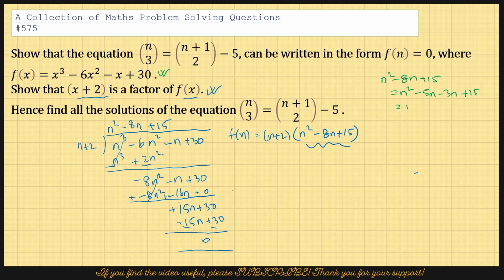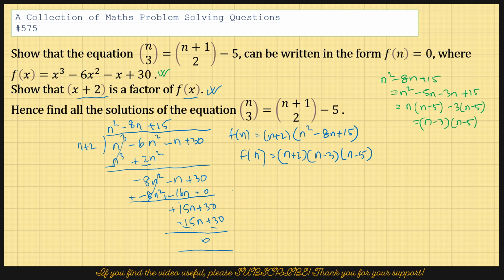So we're going to get equals n times (n minus 5) minus 3 times (n minus 5). That equals (n minus 3) times (n minus 5). So I can write f(n) equals (n plus 2) times (n minus 3) times (n minus 5).